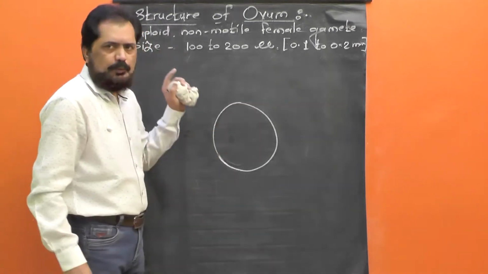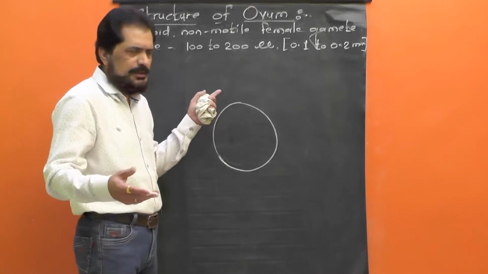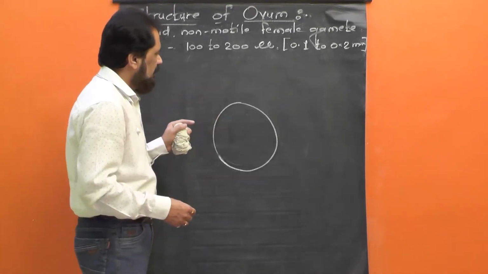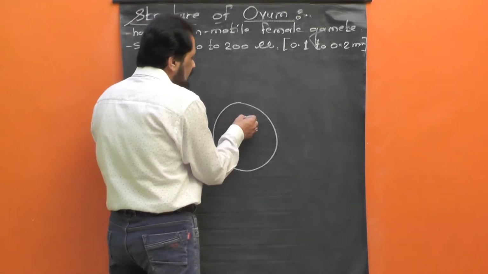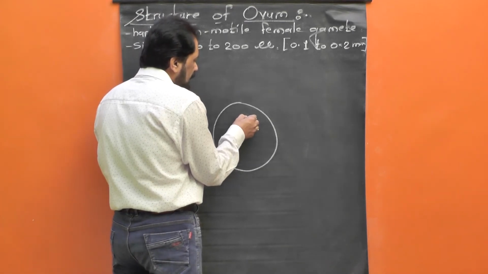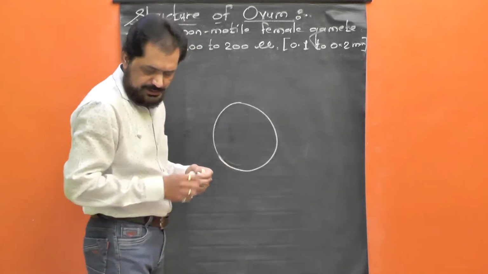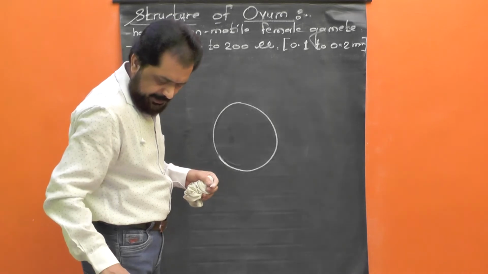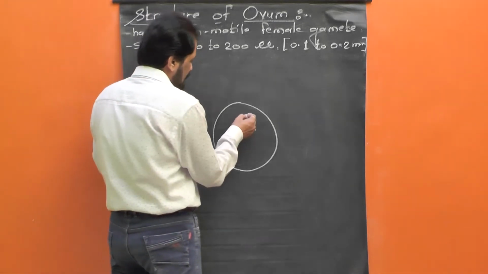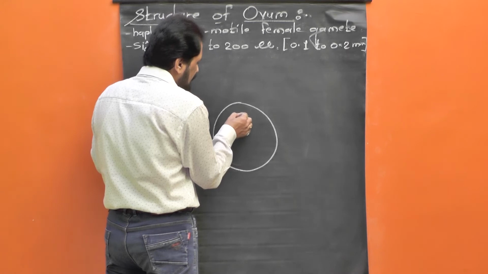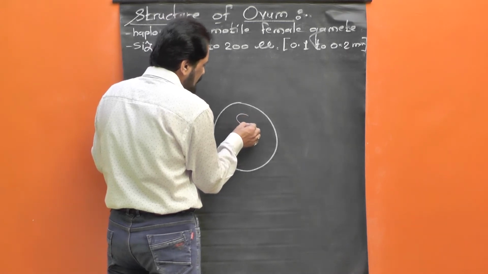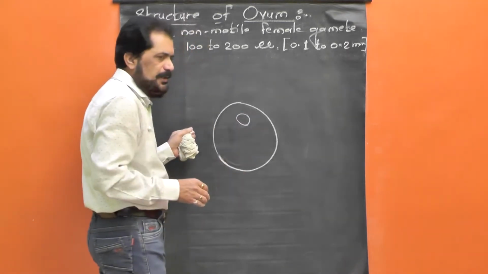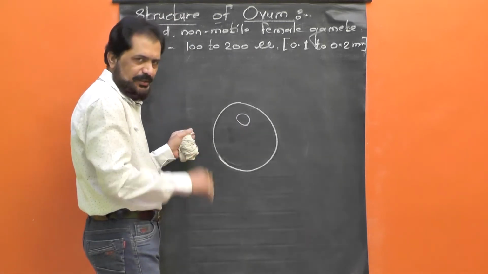Ovum is a haploid structure. So obviously it encloses a single haploid and eccentric nucleus. Eccentric in the sense the nucleus is not present exactly at the center.